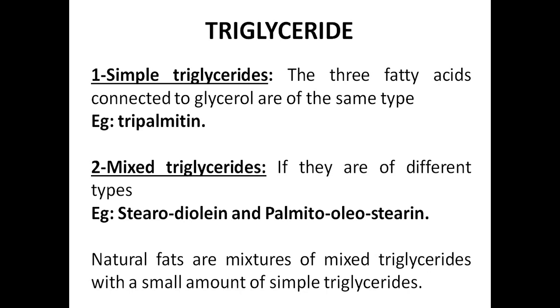Example, tripalmitin is an example of a simple triglyceride. Mixed triglycerides: if the three fatty acids linked to the three hydroxy groups of glycerol are of different types, then that is called a mixed triglyceride.